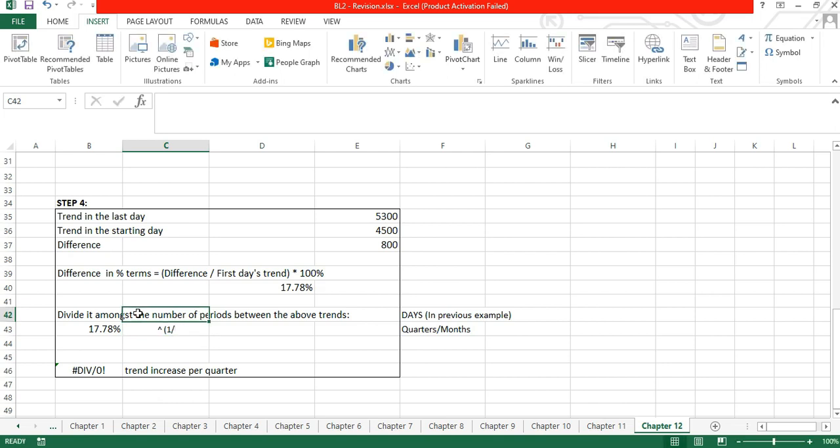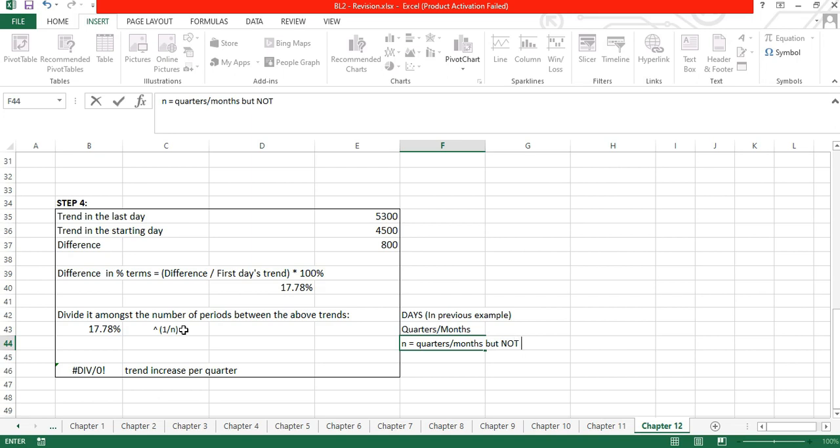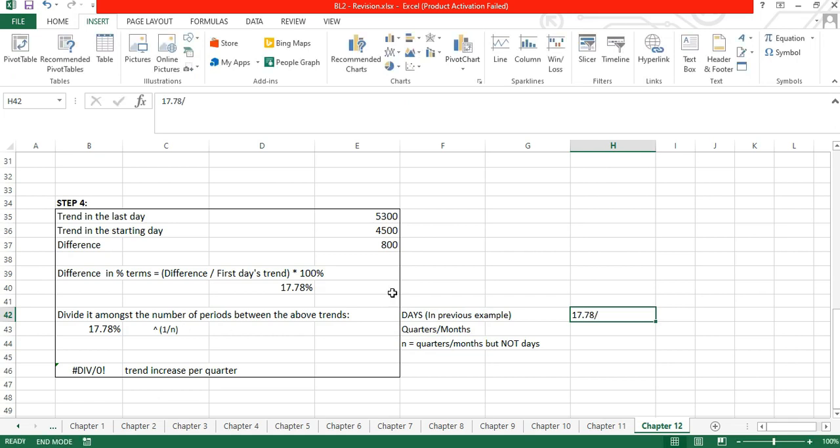I'll put this as n. Now what is n? n is the number of quarters or months, but not days. For days, you simply divide the 17.78 by the number of days. That's fine.